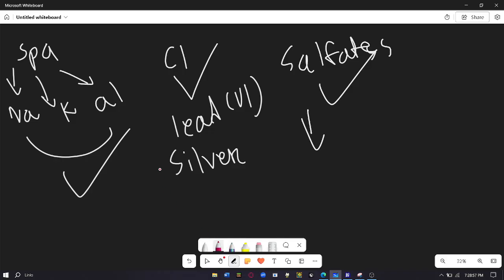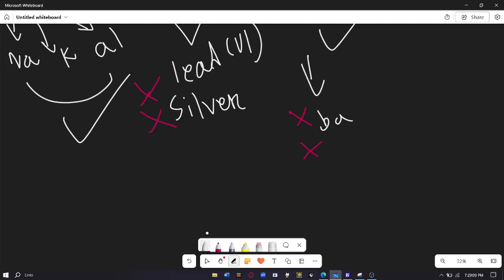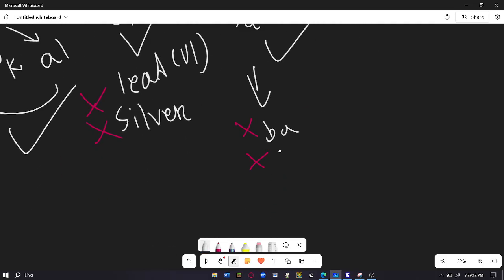Okay, let me give some crosses. Except for barium sulfate, then we have barium, calcium. Right, so we have barium, calcium, and wait, hold on, let me remember this.